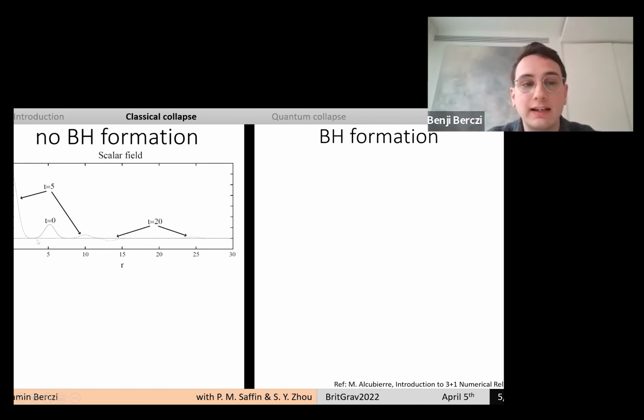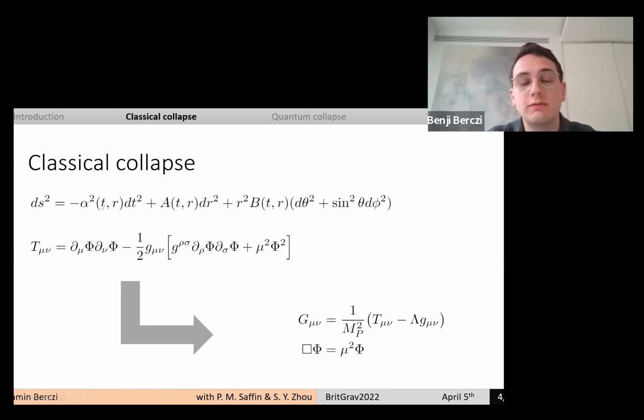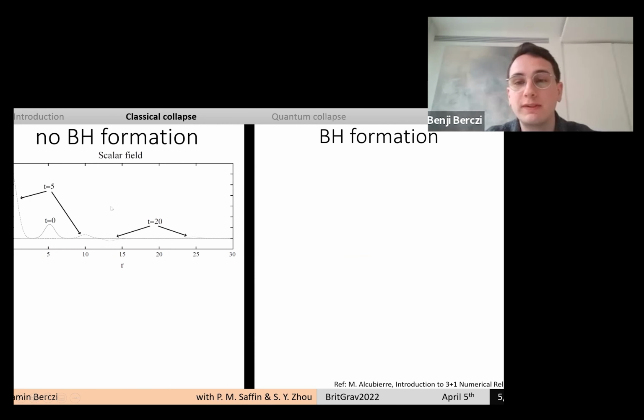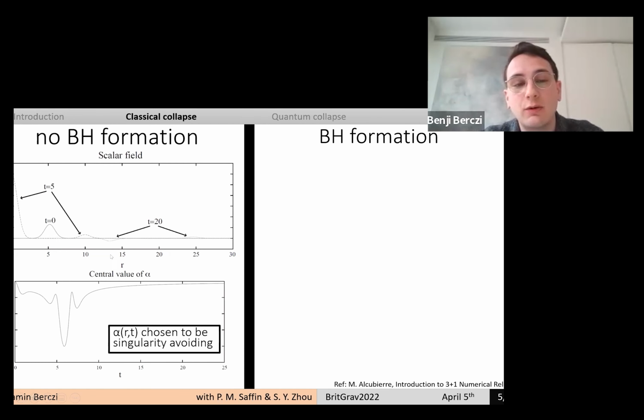So we can't see anything at r equals 0, but we can look at what happens to the lapse function, which is chosen to be singularity avoiding in these simulations, so that when the lapse approaches 0, we know that there's a significant curvature there. So here we can see that it doesn't form a black hole, it just returns to its asymptotic value, which is just 1.